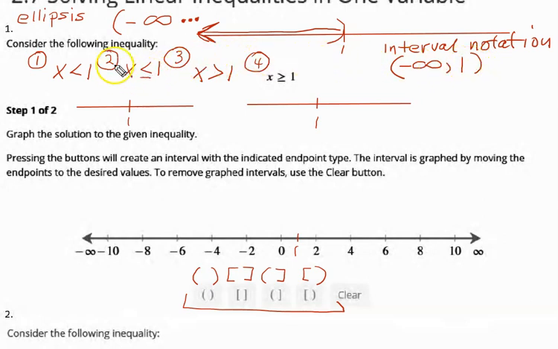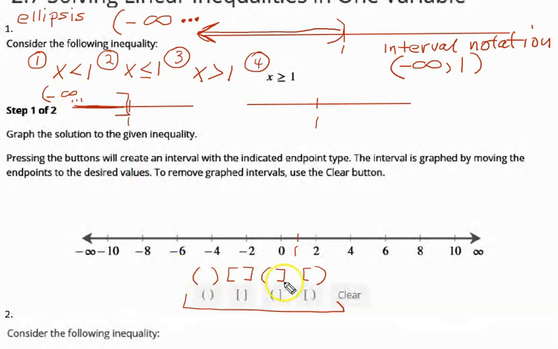All right, let's do number 2 now. It's very similar, but this says x is less than or equal to 1. So now 1 is included. So here we're going to use a bracket at 1, and it goes to negative infinity. So we use a parenthesis out there, and in our software you get the ellipsis, and this sort of fills in.